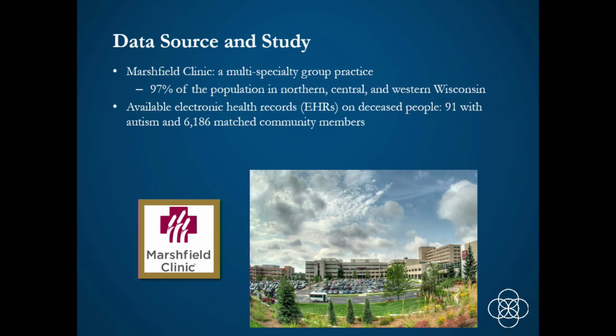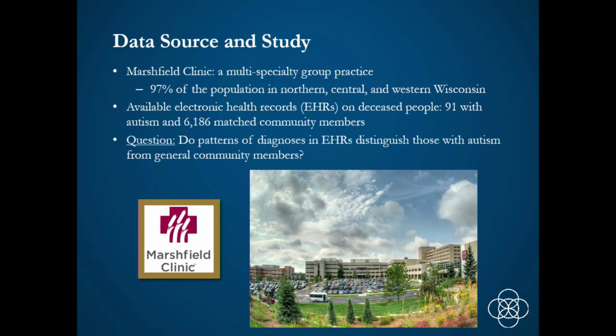So we also find that we can look at a really large portion of people's lives since 1979 in many cases. We had data on 91 people with autism who had died, and then we matched them to a bit over 6,000 community members who had also died. And we wanted to see what patterns might distinguish people with autism from community members in their electronic health records.